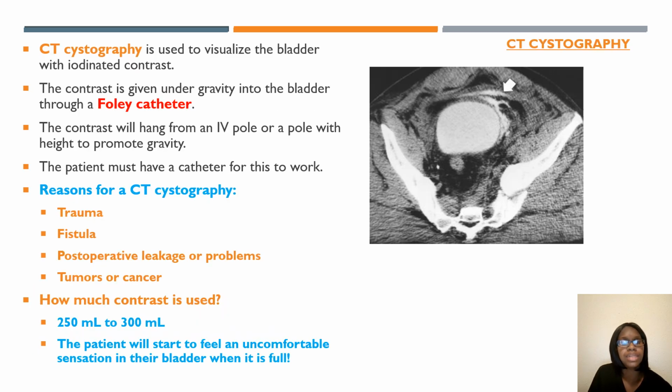At the clinic that I work at, there aren't a lot of cystograms being performed. They do come in, so I will say if you see a cystogram, just write it down. See how much contrast you're using, know which part of the Foley catheter you're supposed to inject the contrast in, and know that you can hang the contrast from an IV pole so that it can go inside of the patient's Foley catheter correctly.